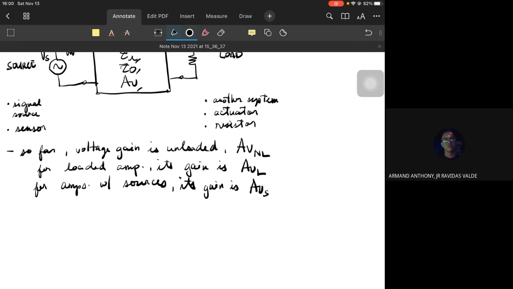Okay? So that's voltage gain with the effect of source. Taas kayo, no? So, wordy man siya, AVS na lang. So, the idea is connected na og source ang atong amplifier. So, these are the 3 types of voltage gains that we're computing. Okay? Na-connect na ang sensor or signal source sa atong amplifier.